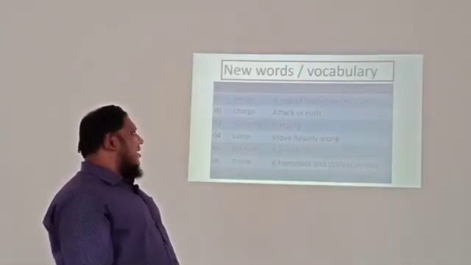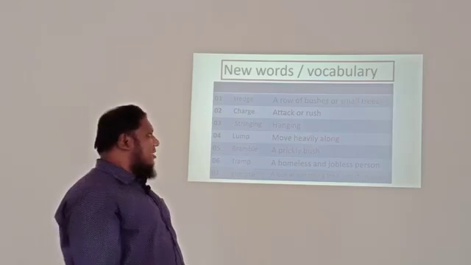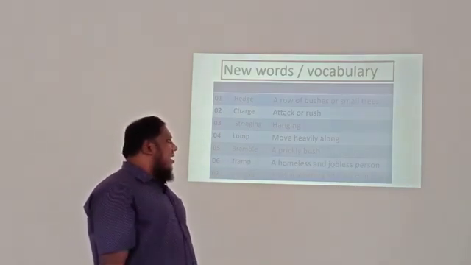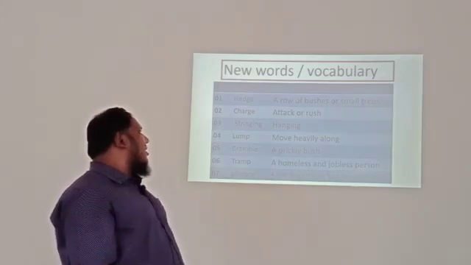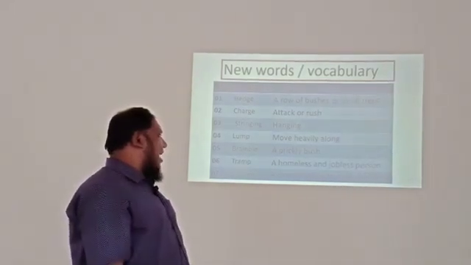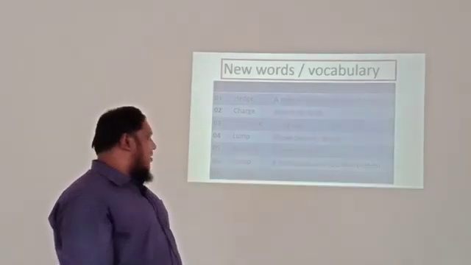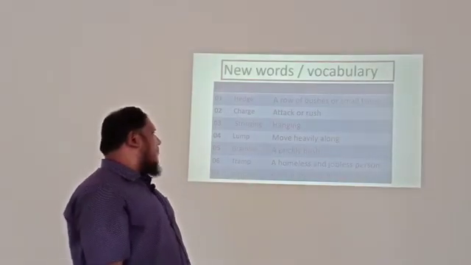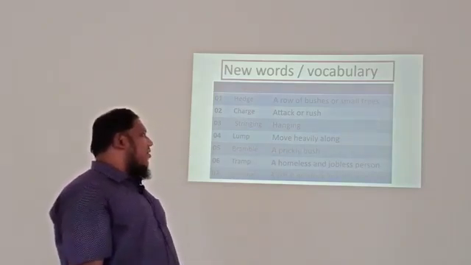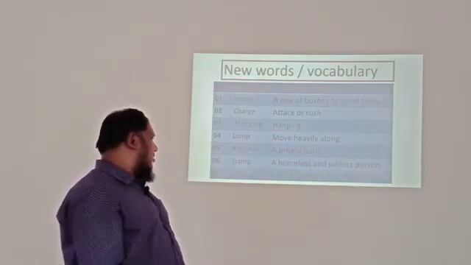First, haze. Haze means a row of bushes or some trees. Second, charge: attack or rush. Third, straining means hanging. Fourth, lumber means move heavily along. Fifth, bramble, a prickly bush. Sixth, tramp, a homeless and jobless person.